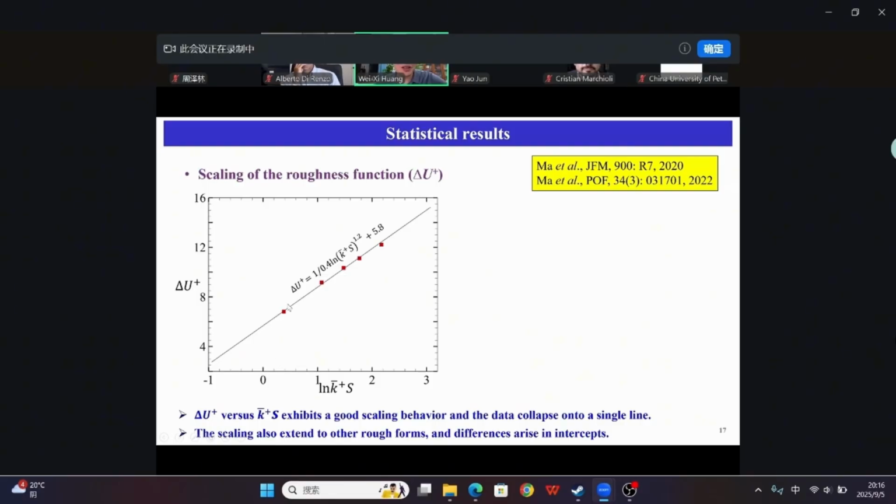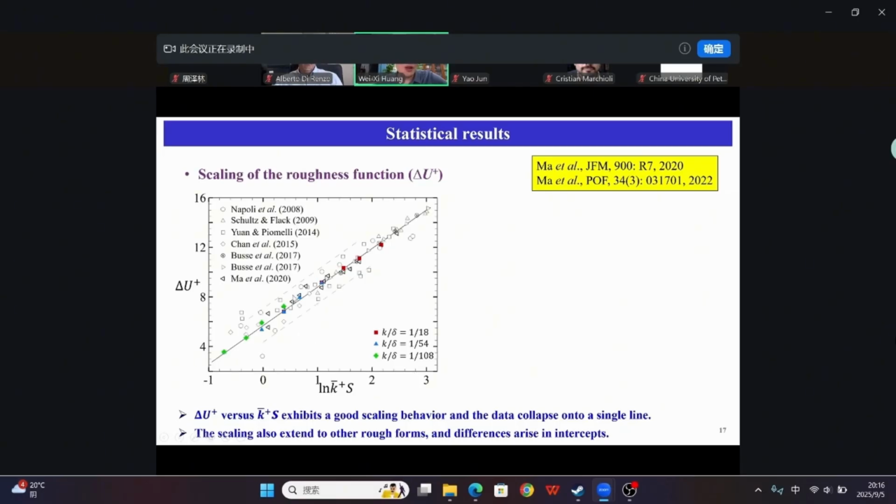It's found that the different cases can be scaled by a single curve. If we simulate more cases, different K, we can see they all collapse on this single curve. It means that the roughness function has a good scaling with this parameter.